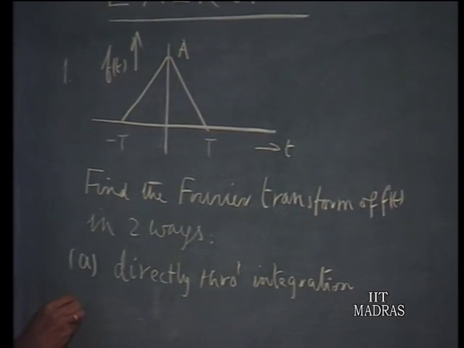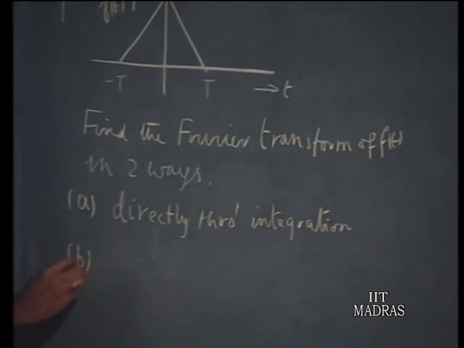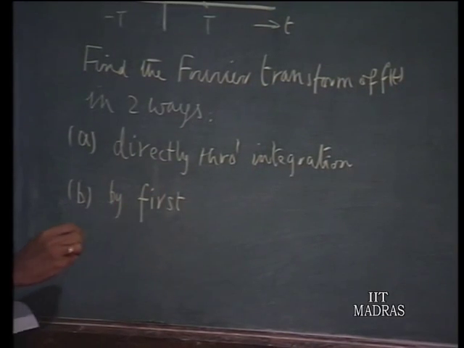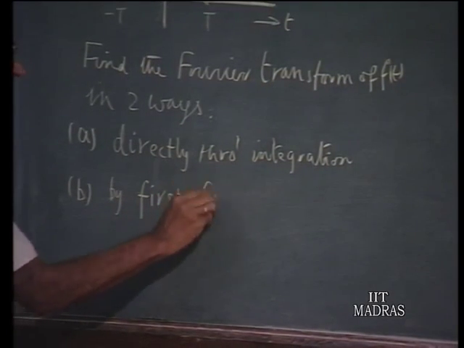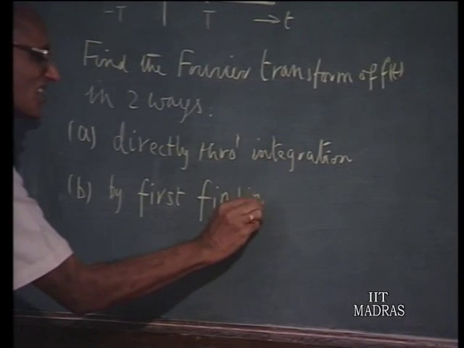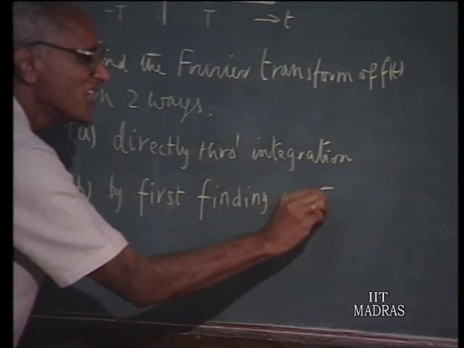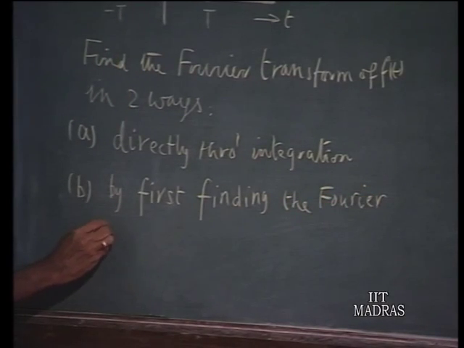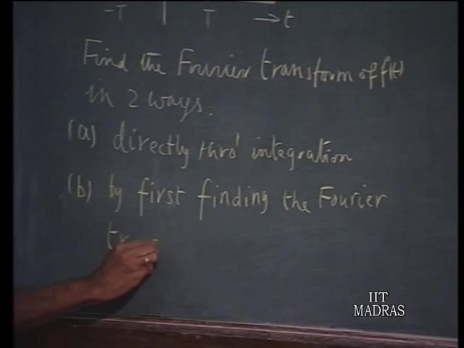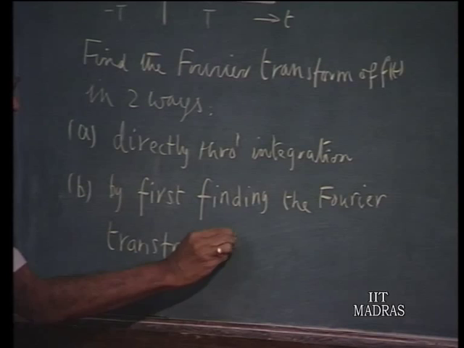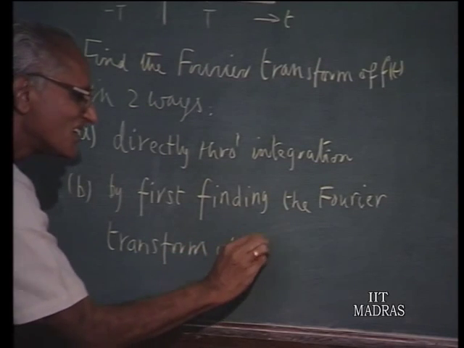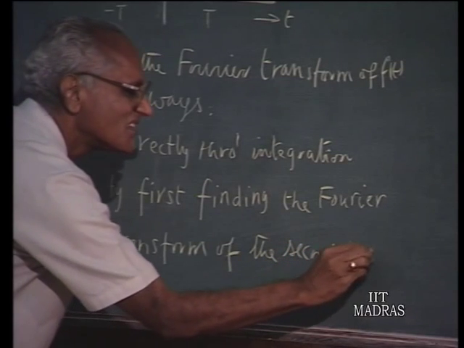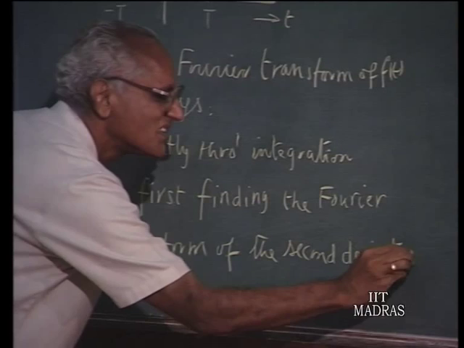B, by first finding the Fourier transform of the second derivative of f of t.